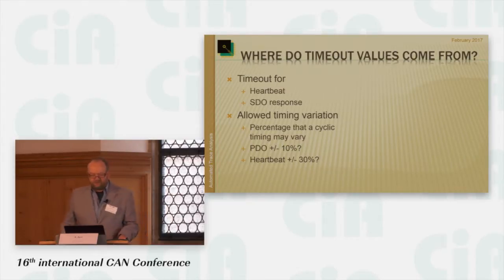In the software, of course, we need to make it configurable, and in some of the, I'm not sure if I picked the right numbers here from 447, I think we said that for a heartbeat, it's allowed to have a variation of plus minus 30%, and for a PDO plus minus 10%, but that is then 447 specific.